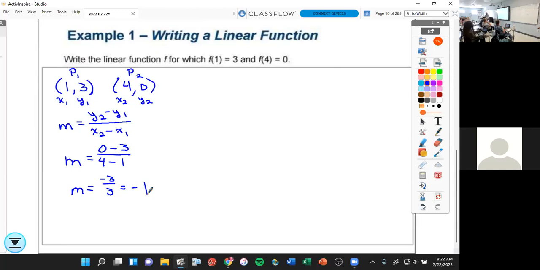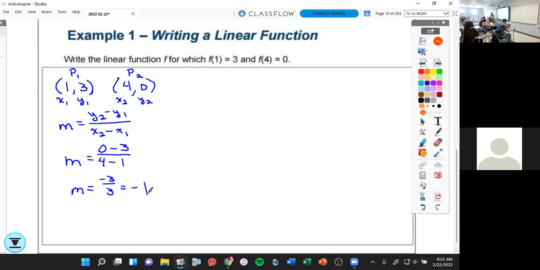Okay. So what are we missing to write the equation of the line? What do we need? The y-intercept. We need b, right? So I'm going to work this two different ways. Okay. Y'all said point slope because I have a point and I have a slope, right?